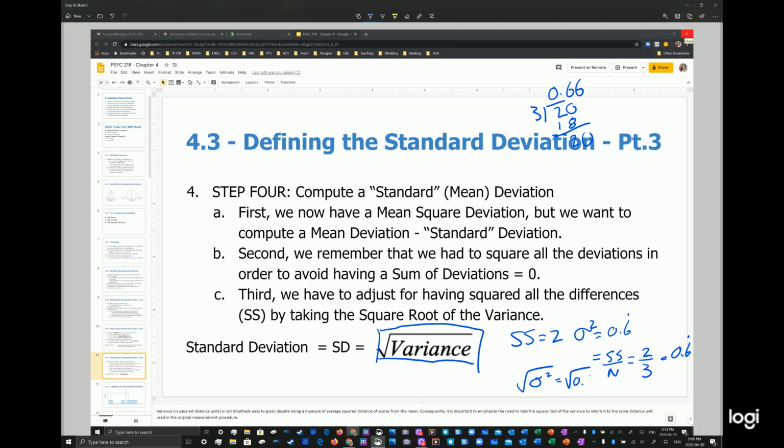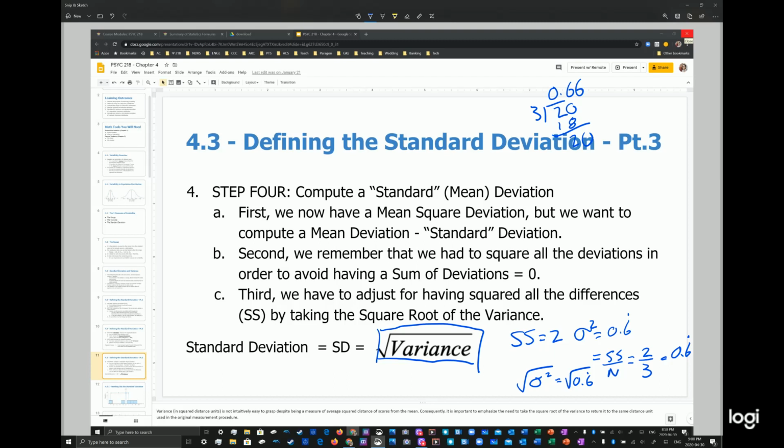So for now, I'm just going to write square root of 0.6, repeating. So that would be our expected standard deviation score. And I, again, would strongly recommend that you try this with other distributions that we've worked with. And in the next slide, we're going to try it right now.